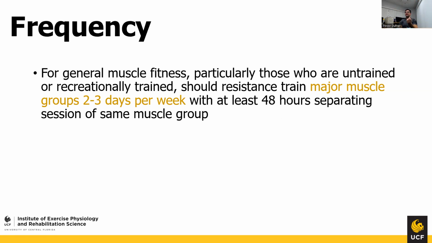You still have some fatigue left over from Monday, and therefore you may not be getting the most efficient training stimulus because you are fatigued, not as able to lift as much, not as much muscle damage, and therefore not as much subsequent adaptation. Now, I'm not saying you should never train like this. I'm just saying that typically the push-pull, the chest and tris, and then back and bi split has a little bit more efficacy to it because you are getting that 48 hours of separation between the same muscle group.